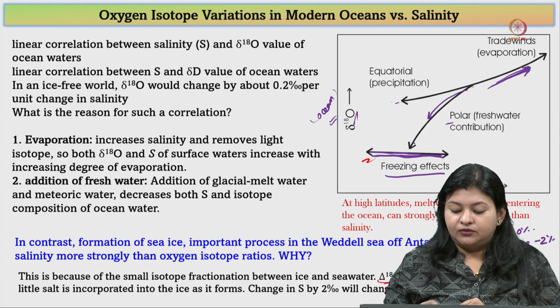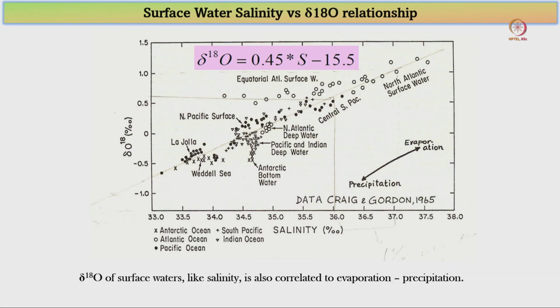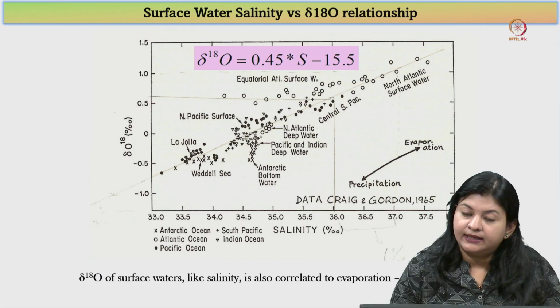Okay. So, now let us look into some of the salinity and delta 18O values. As you can see here, the data from different sea masses has been plotted. And let me just tell you that this is the surface water, this is not the deep ocean water, and it shows changes with respect to salinity.